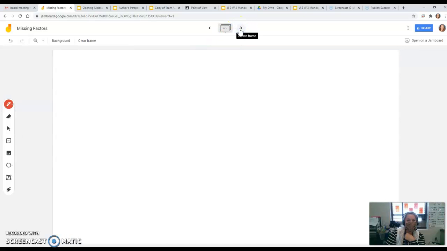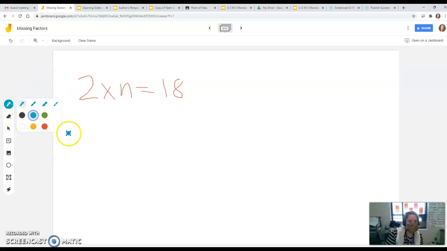Okay? All right. Now if I open up this blank page, I'm going to give you some problems to go ahead and just solve on your own. Okay, so 2 times n equals 18. I'm also going to have you do n times 3 equals 12.